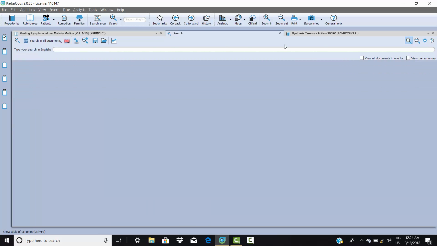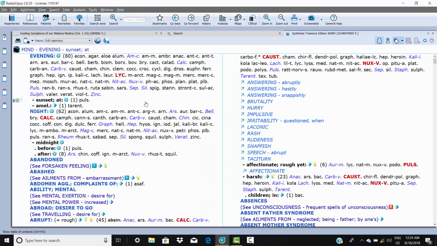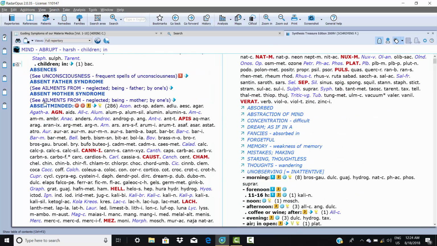Well, how to use the families section in the repertory? We can search.